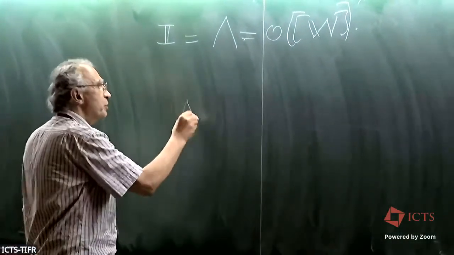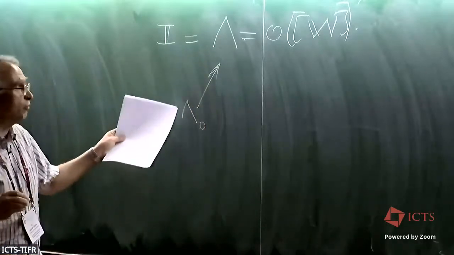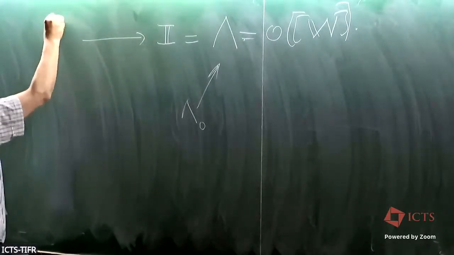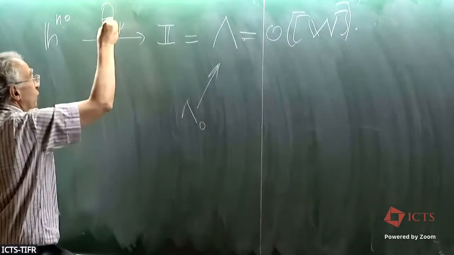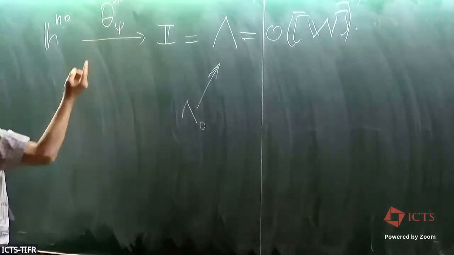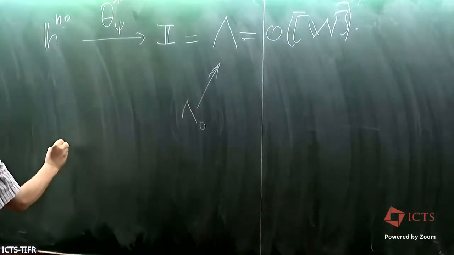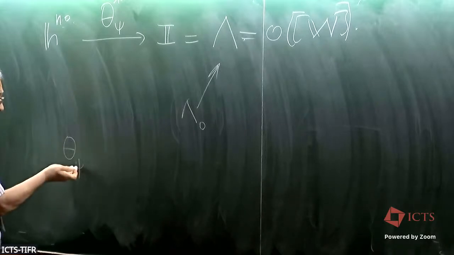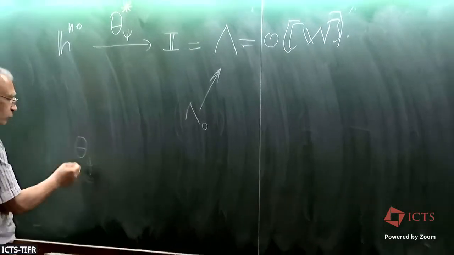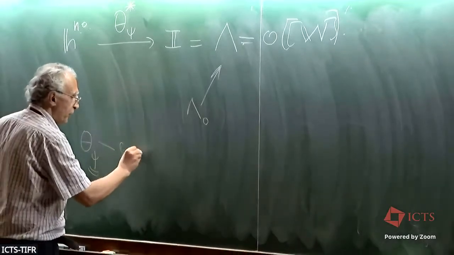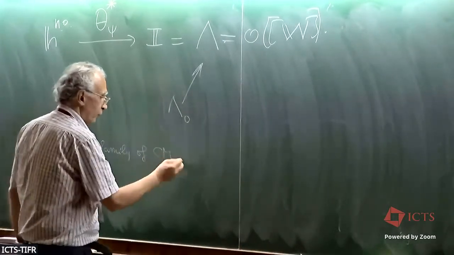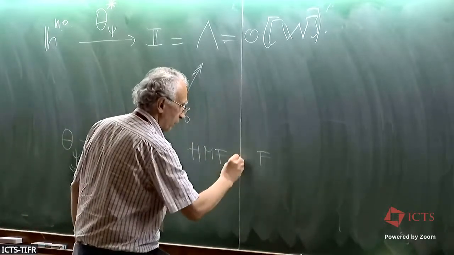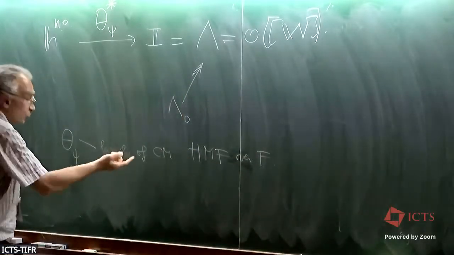And actually there is a map from lambda 0 to lambda, which is given by class field theory. And we will define a family here, which is called theta psi star. Star because it comes from a family of modular forms, theta psi, given by psi. So it's a family of CM Hilbert modular forms for F over F, associated to psi.